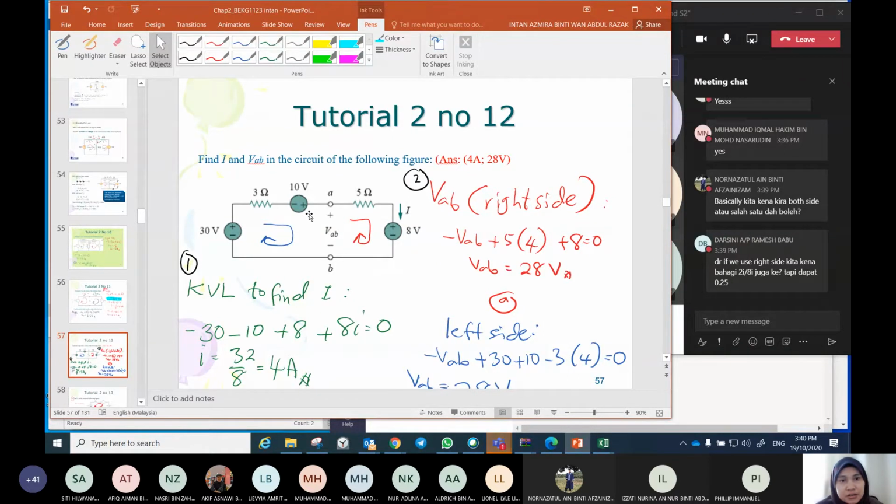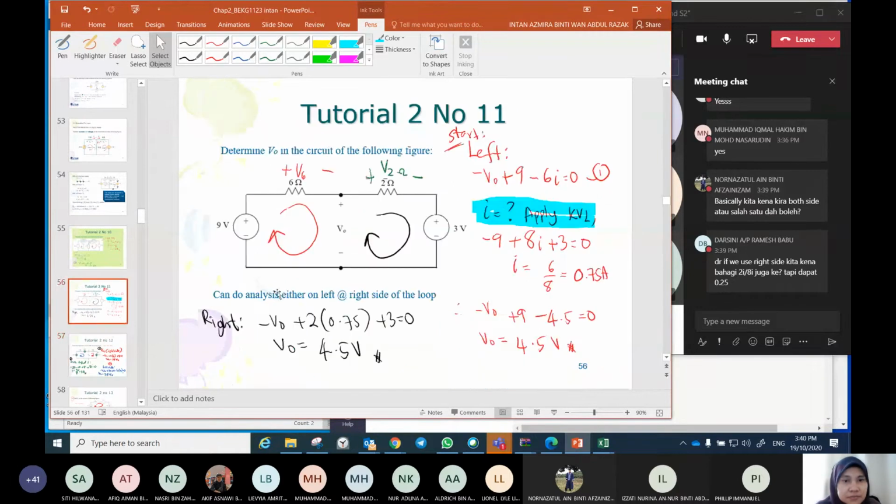And then you think that it will be more difficult if you analyze at the left side because it involves three elements, two voltage sources and a resistor. So that's why I mentioned it is up to you which part you want to analyze, or you may want to try both and then you just verify your answer. The right side must be the same as the left side.